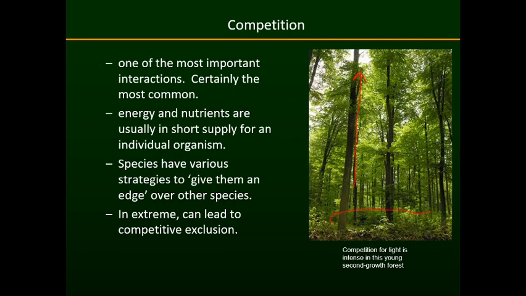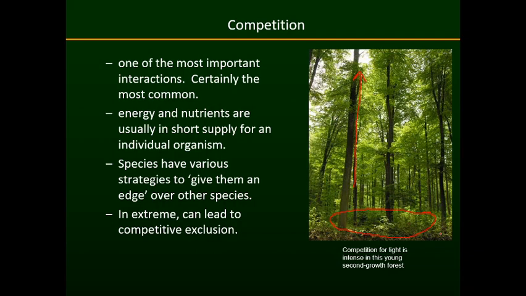Plants down here in the understory might have other strategies. For example, they might sprout from the ground very early in the spring before the trees have their leaves, so that they can catch that early spring sunlight. Or they might have really big leaves that can capture the little flecks of sun that come through the canopy.